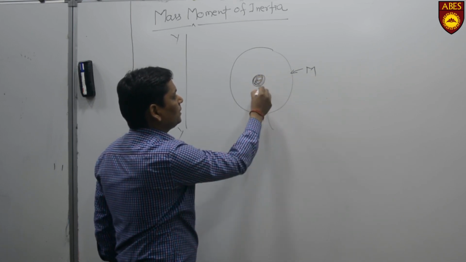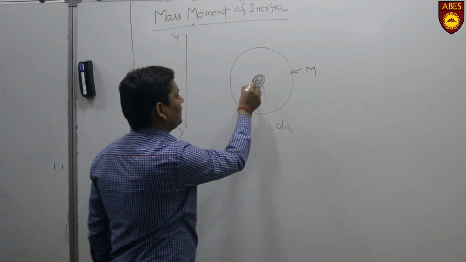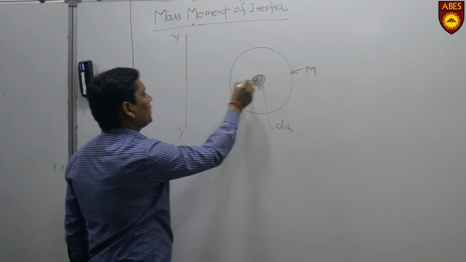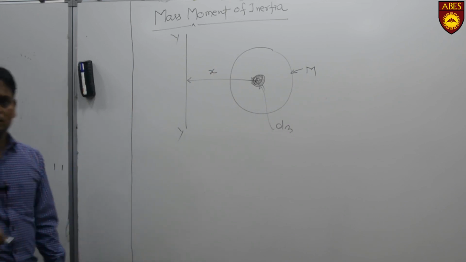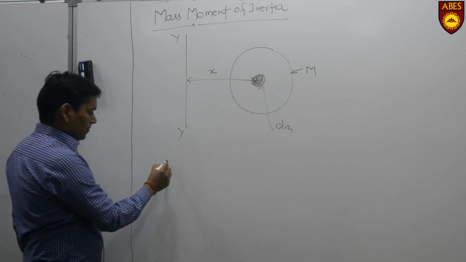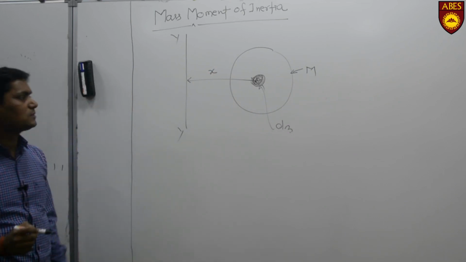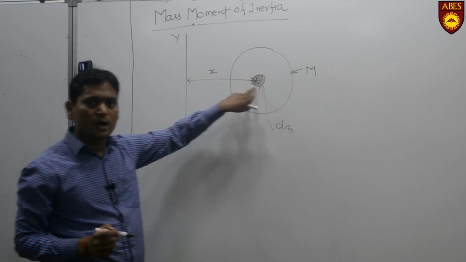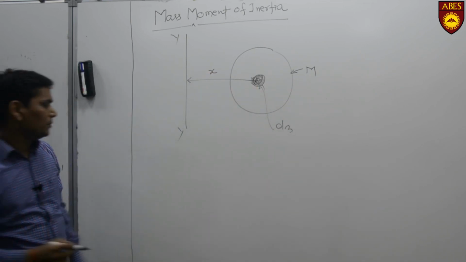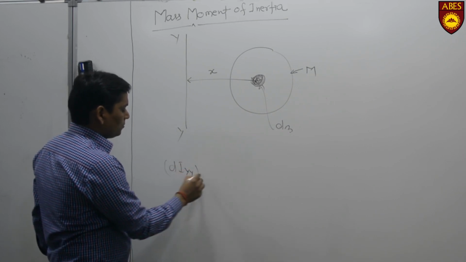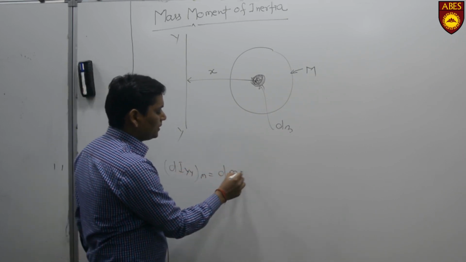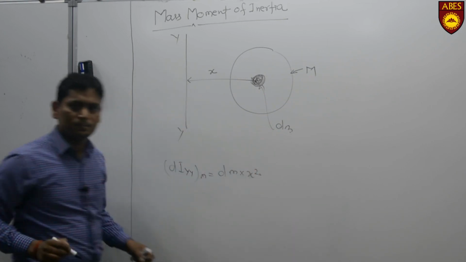The mass will be dm, and the distance between this point and this axis will be x. Now the mass moment of inertia of this small strip about the y axis will be dIyy mass equal to dm into x square.